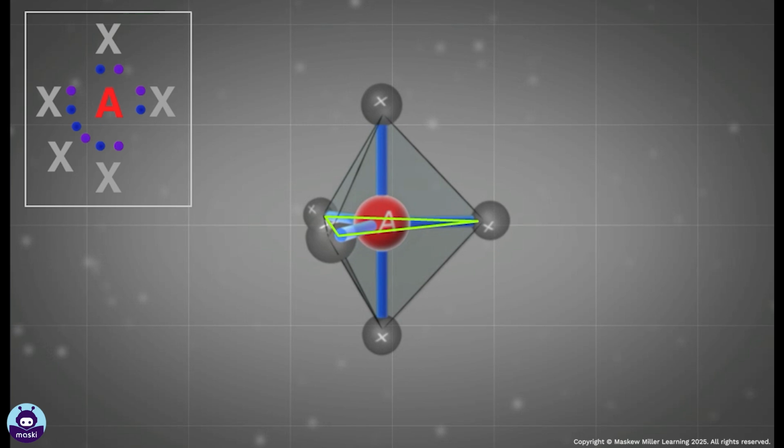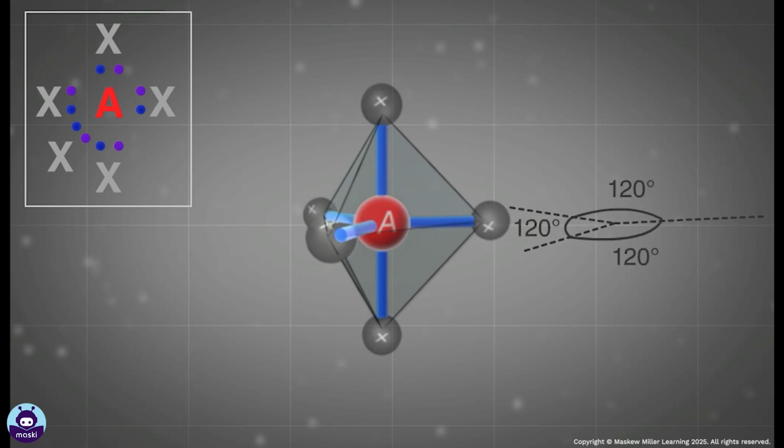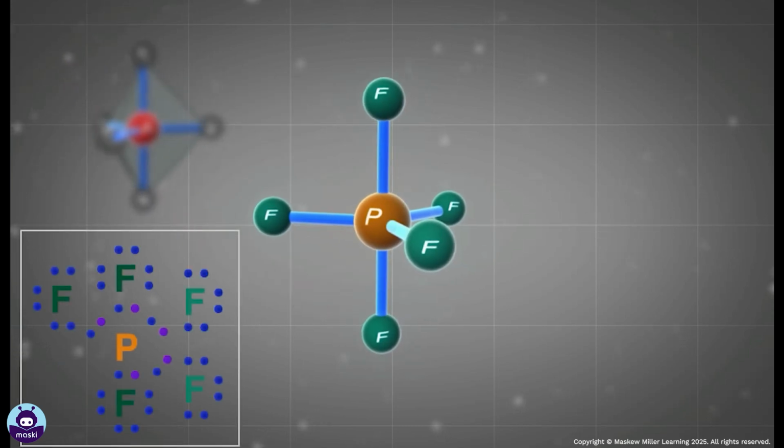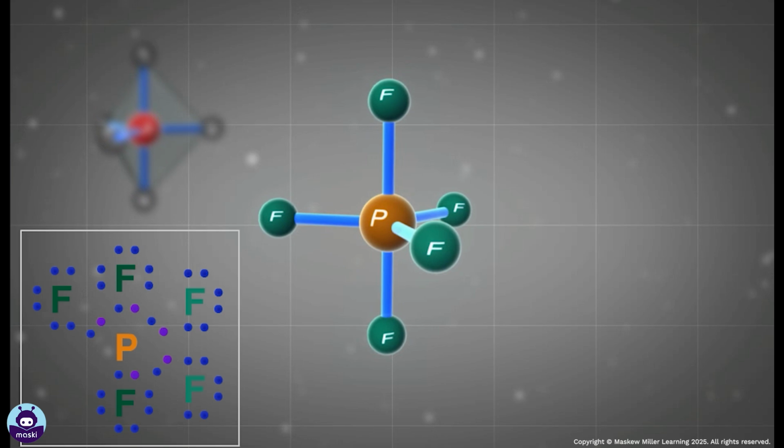This gives us our bi, or 2, pyramidal structure. Here, we find 2 bond angles. The 3 terminal atoms in the trigonal plane lie 120 degrees apart, and the other 2 terminal atoms are at 90 degrees to the trigonal plane. Phosphorus pentafluoride, PF5, is an example of this molecular arrangement. Note that you do not have to be able to draw a Lewis diagram for PF5.